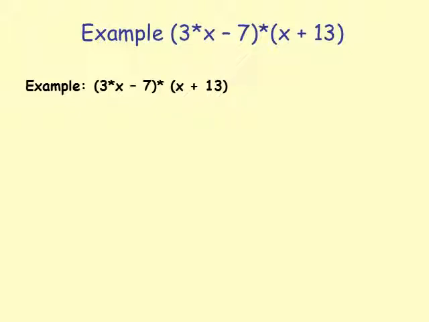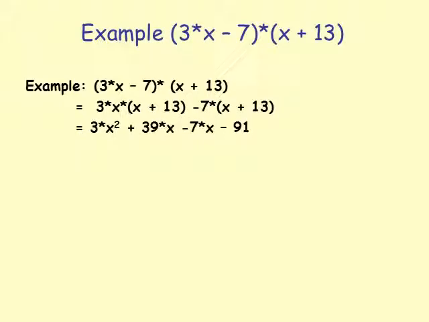Now we'll do another example here. 3x minus 7 is the multiplicand, this is the multiplier, and it's split into two products here: the 3x part times the multiplier, and the minus 7 part times the multiplier. So the left is 3x squared plus 3 times 13, which is 39x, and the right is minus 7x and minus 7 times 13, which is minus 91.